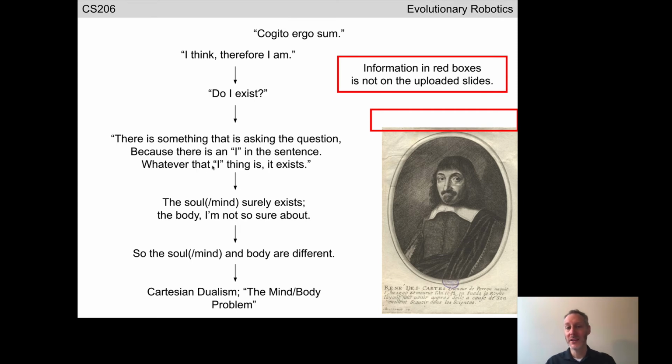However, whatever this thing is, there is something that is asking the question, and we will call this thing I. For Descartes, this was the soul created by the Judeo-Christian god Yahweh. For others, it's the mind or the spirit. There's something in here that is asking the question, or that is receiving information from the outside world through our sense organs.